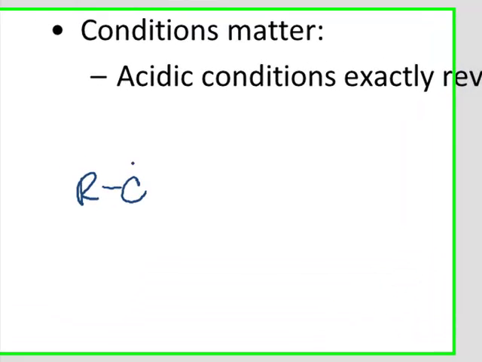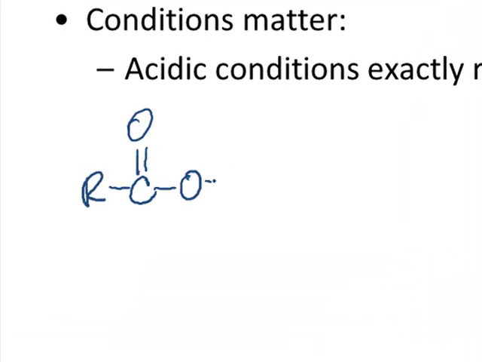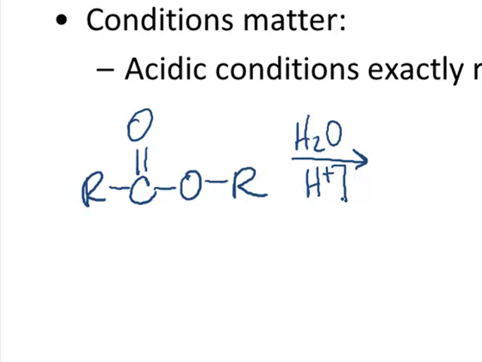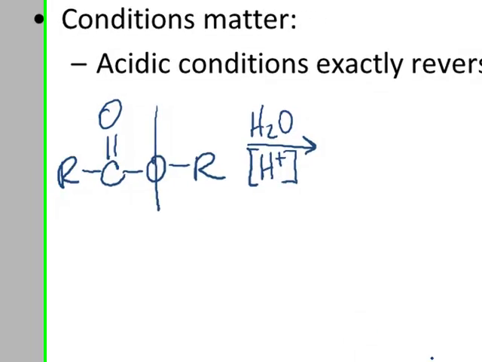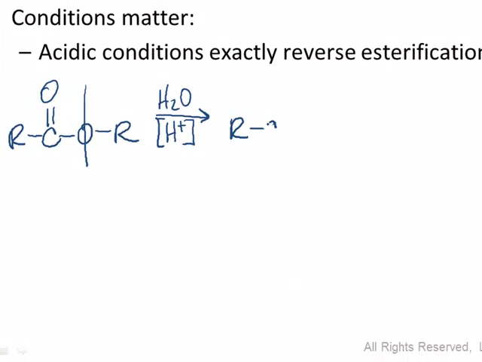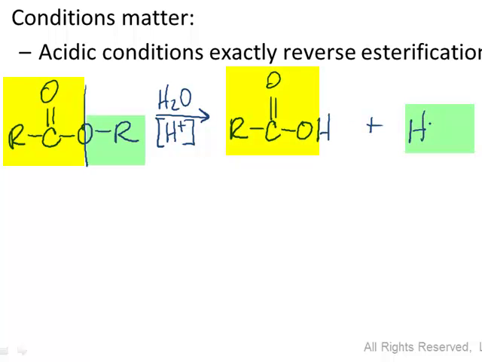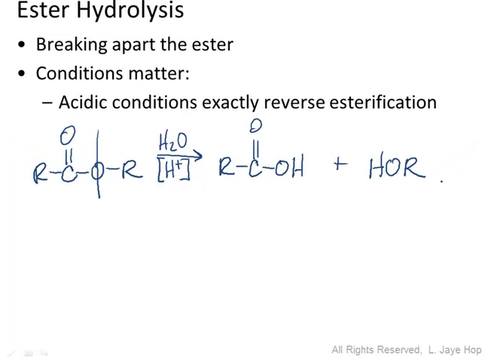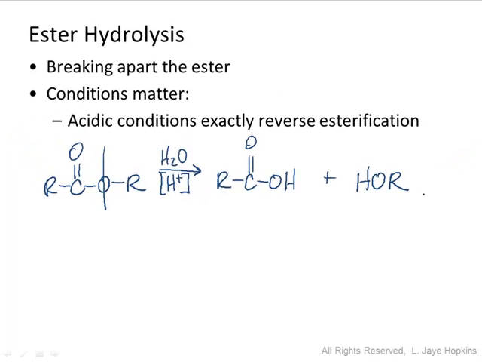So knowing that an ester itself has a functional group structure like this means that if we react it with water in the presence of an acid catalyst or acidic conditions, we'll actually break this molecule in half and reform the initial carboxylic acid that was present as well as the initial alcohol that was present. I basically recreate my two organic molecules. For this reason, ester hydrolysis under acidic conditions is pretty straightforward.